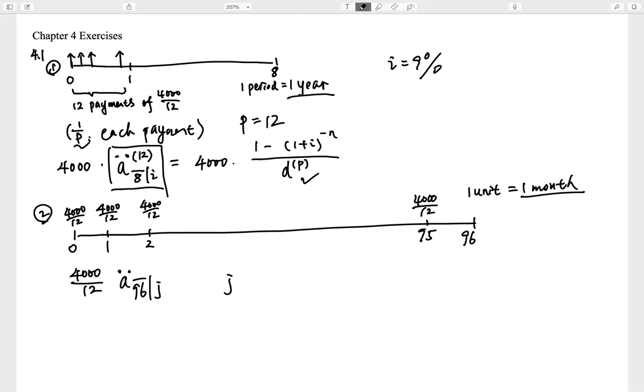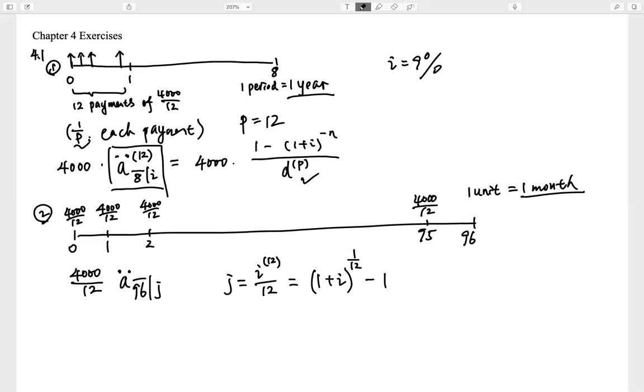In this case, it would be the monthly interest rate. It will be i upper 12 divided by 12 in notation. And in computation, it will be the effective interest rate taken to the fractional power 1 over 12. 1 is 1 year, so 1 divided by 12 is 1 month. So this gives me the accumulation factor for 1 month. Minus 1 would be the effective interest rate per month.